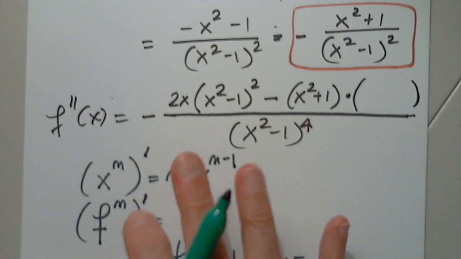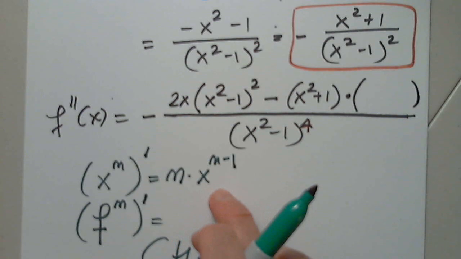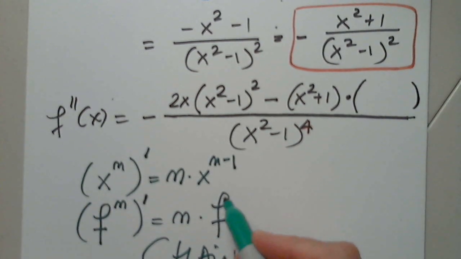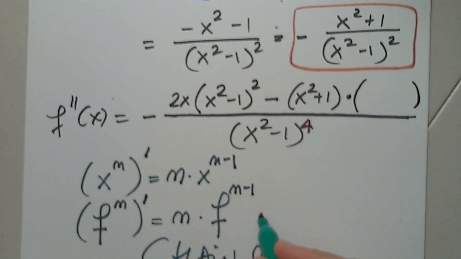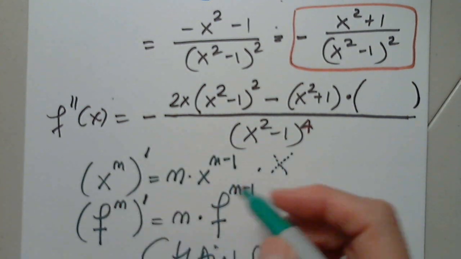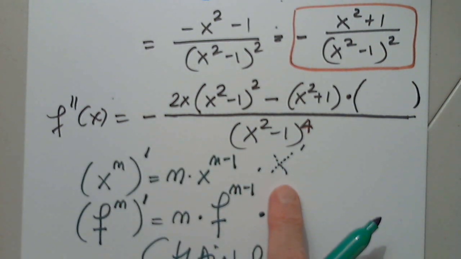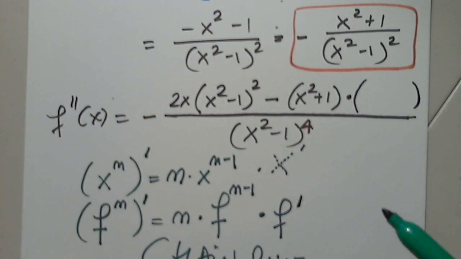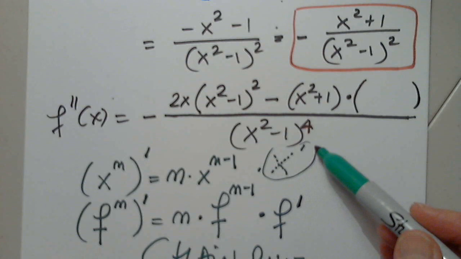So this is the same formula. n comes down, f, the function, to the n minus 1, but there is a big difference. Here we did not write x prime, the inner function prime. Why didn't we write x prime? But here I have to write times f prime. How come we did not write x prime here?